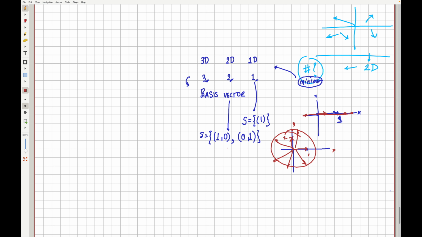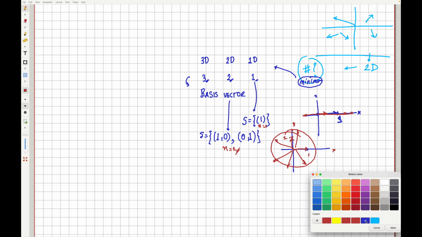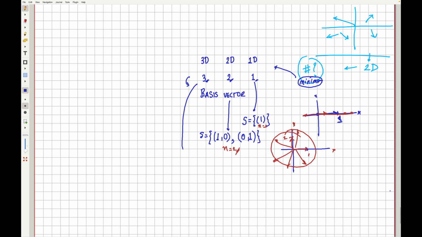The key idea here is how many such vectors we need. Because we are in 2D space, we need two such vectors. Here we were in 1D space, so we needed one such vector. And this can go on to 3D space as well. In the case of a 3D space, maybe our set of basis vectors could be as follows: one vector along the x-axis, another along the y-axis, and a third along the z-axis.